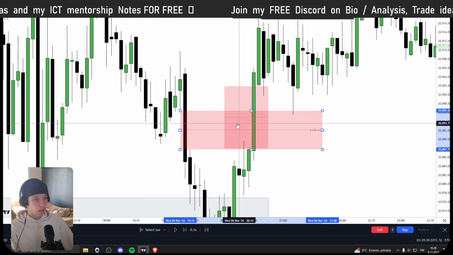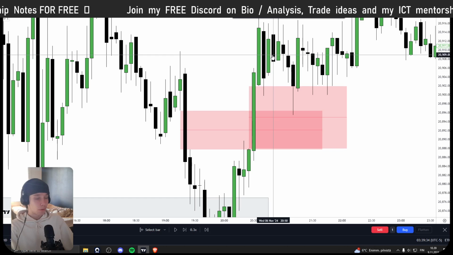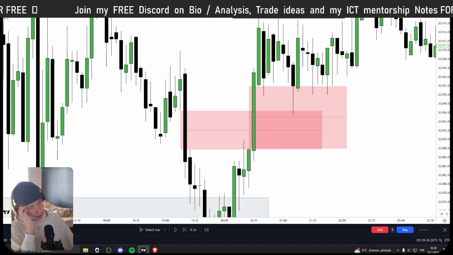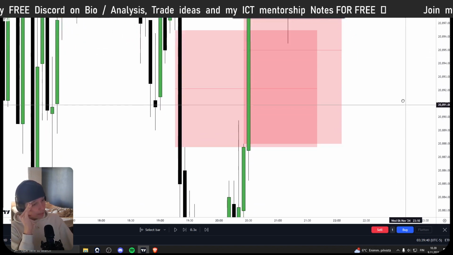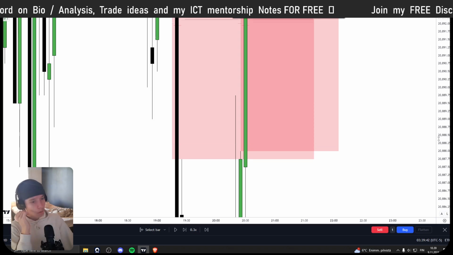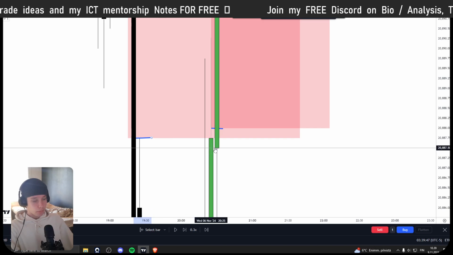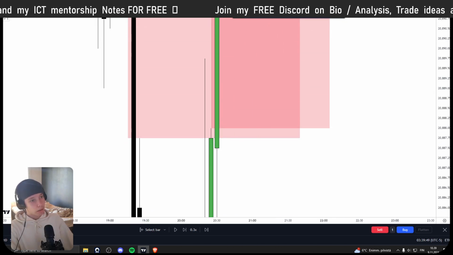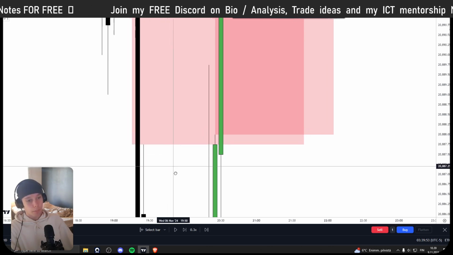So how would that work then? You want to take the highest price of the range and the lowest price of the range. So in this case, what is the lowest price? Is it this one or this one? Well, clearly this one. So this is the low of the balanced price range.